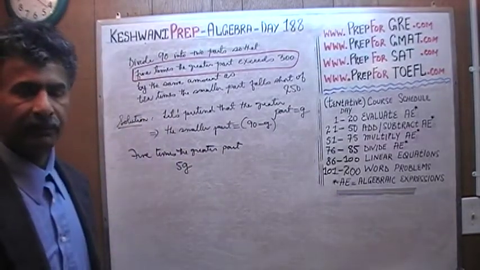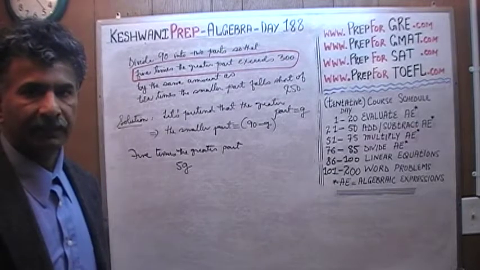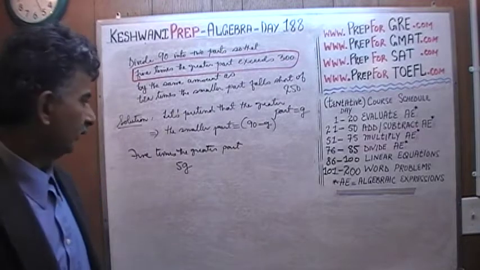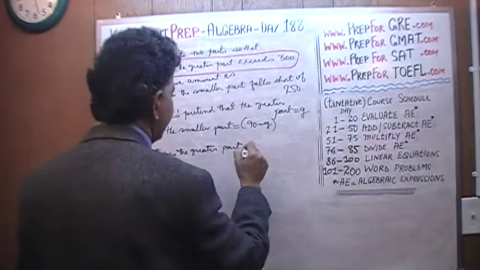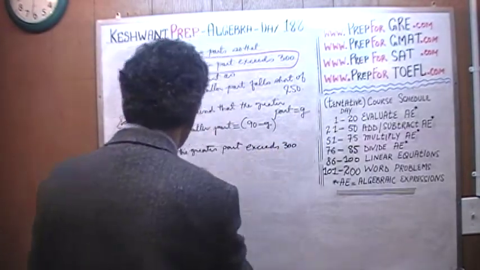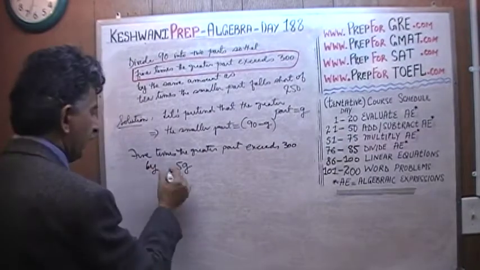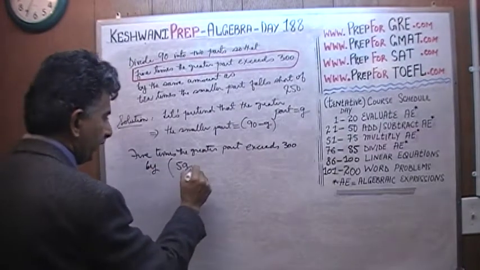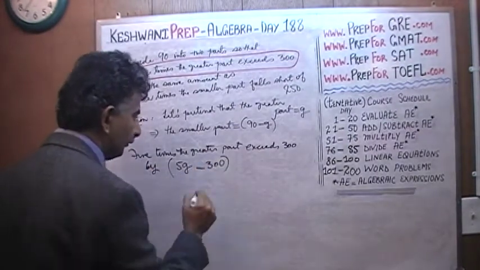And how do we show how much it exceeds 300? 5 times the greater part exceeds 300 by what? By 5 times the greater part minus 300. That's all.